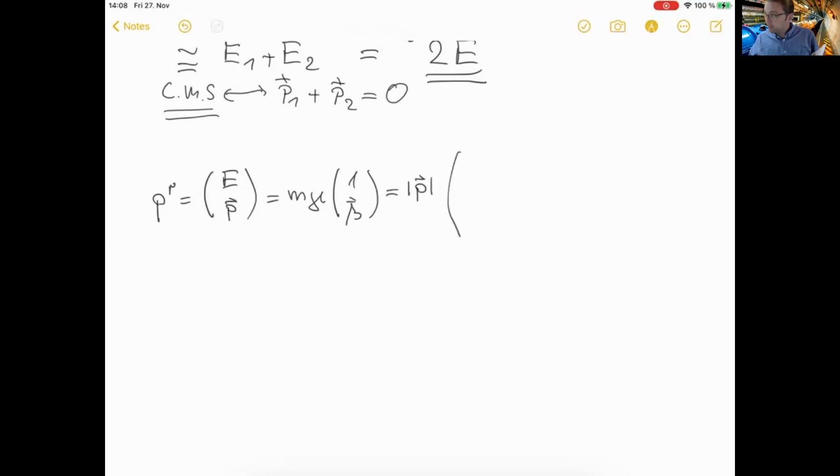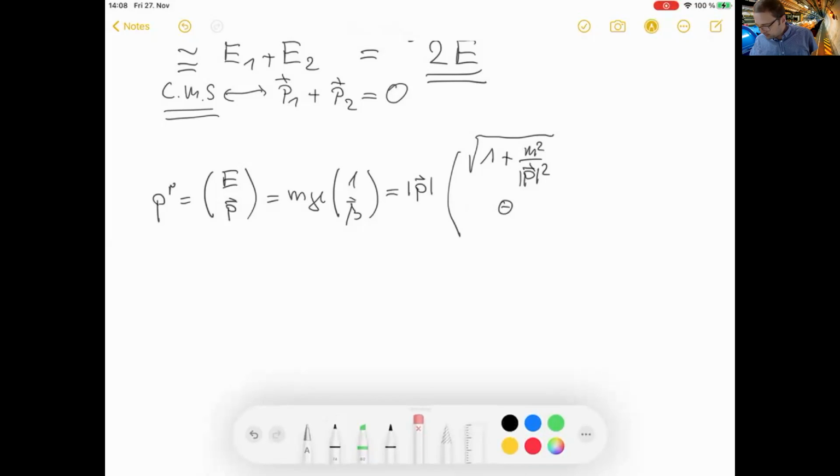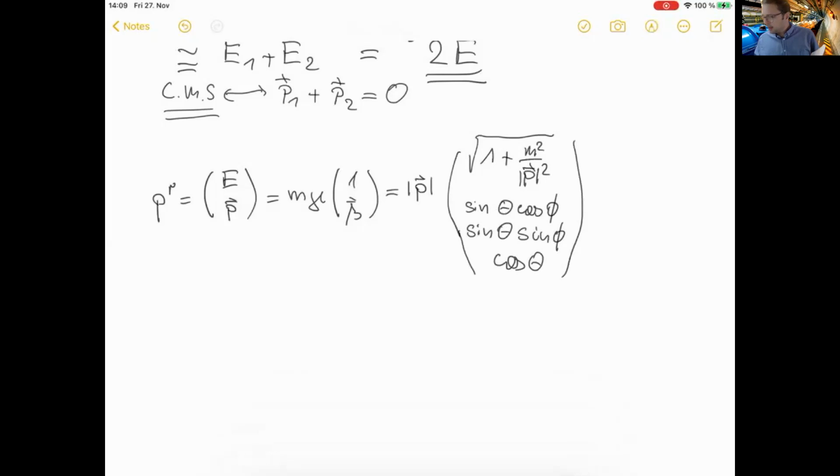Then we would write here square root of 1 plus m squared over p squared, and then we can use spherical coordinates, which you are familiar with. And absolutely nothing has happened.